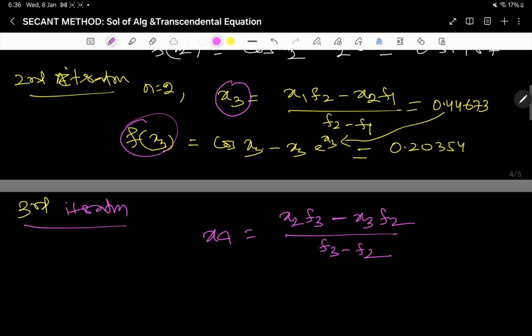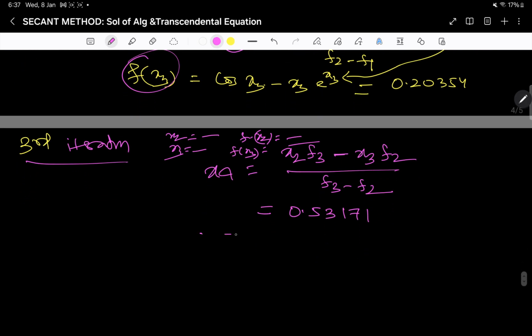We may spell out what is x2, what is x3, and what is f of x2 and f of x3, but we don't need it. We just gradually substitute all these things. After we simplify it, x4 is 0.53171.